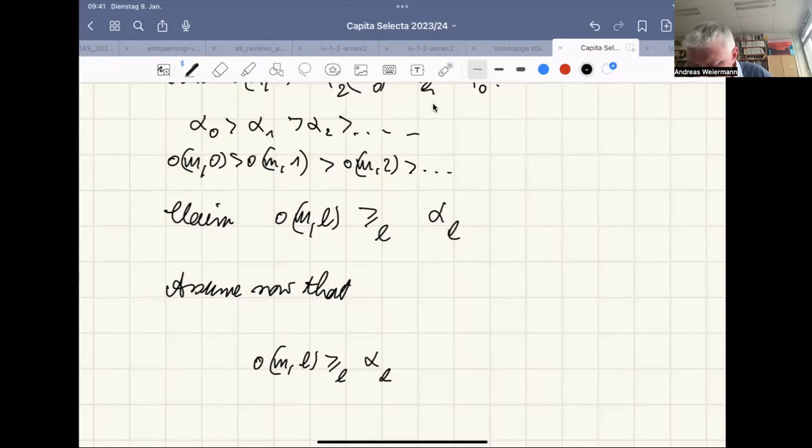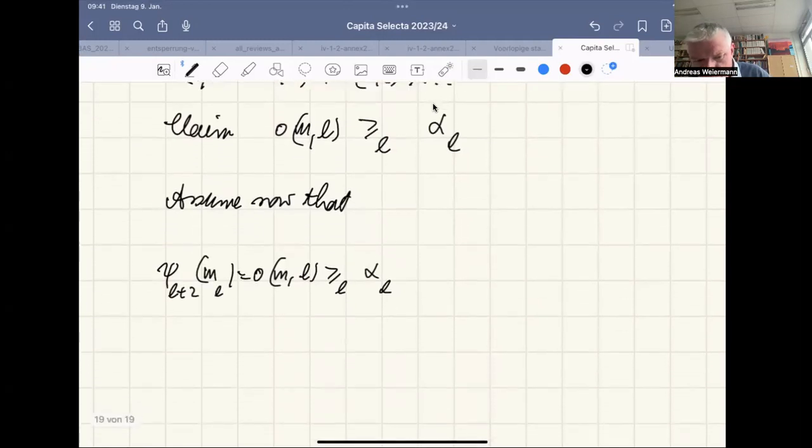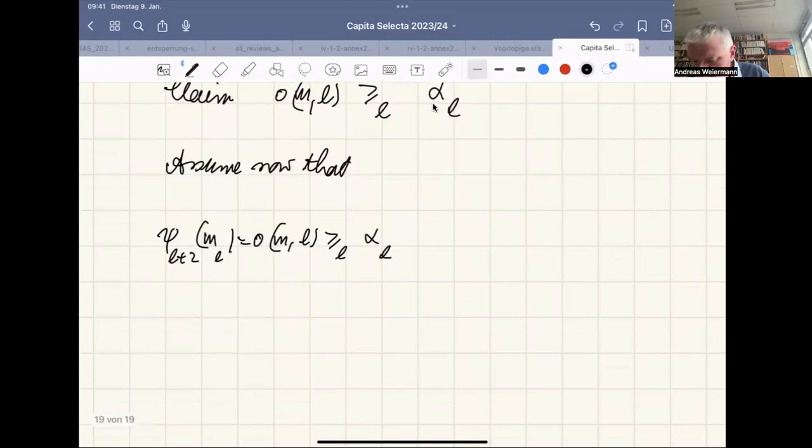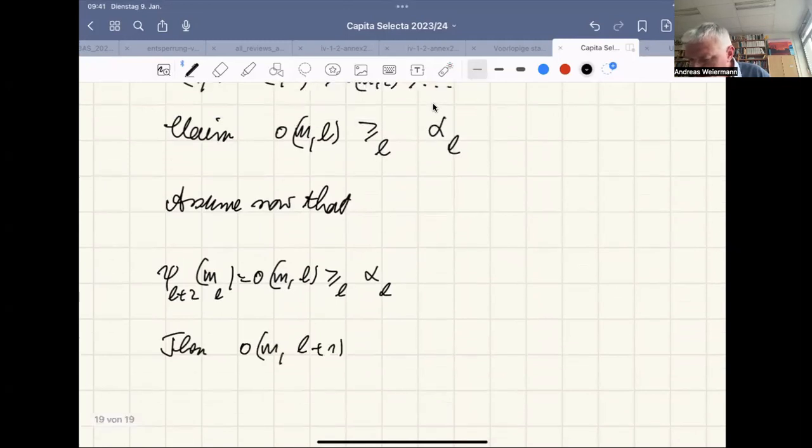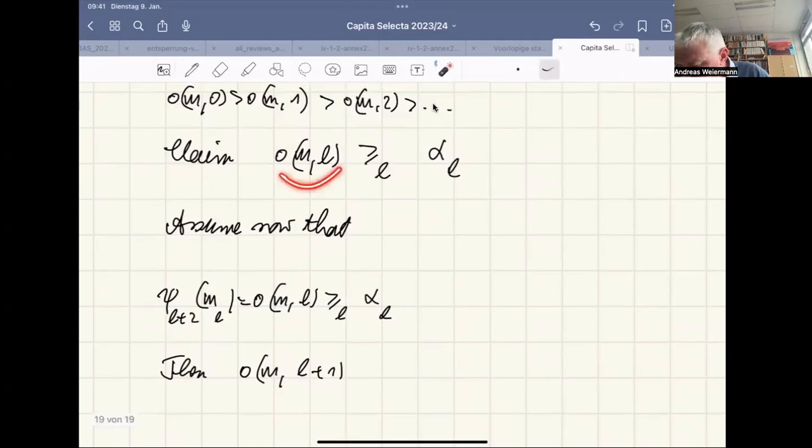And this number here is CL plus 2 of ML. Then what can we say about OML plus 1? We have to compare this number here, this index L plus 1, with the number alpha L plus 1.